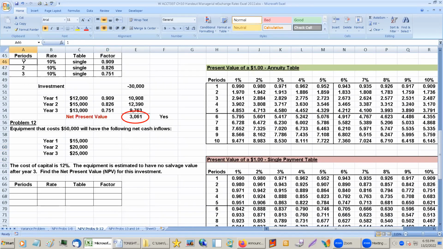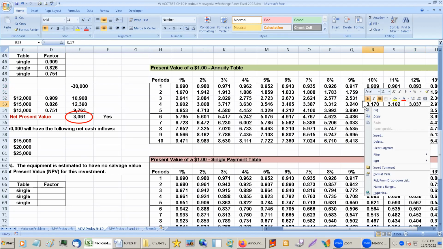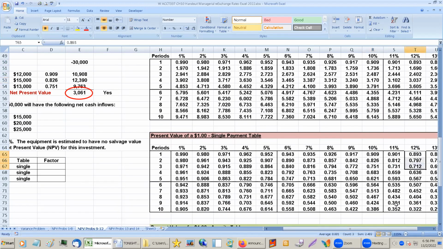And we're in the same boat down here. We have these, so these are inflows. 12%. We're on the annuity table. No, we're not. We're on the single payment table. What am I doing here? Single payment table.